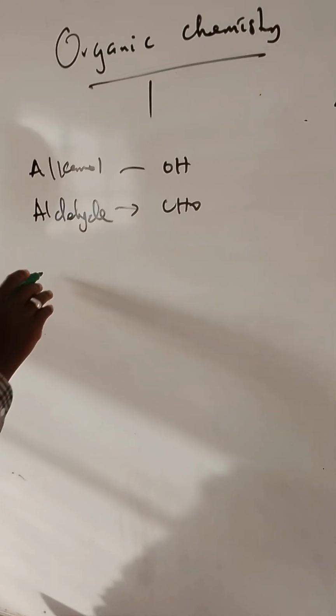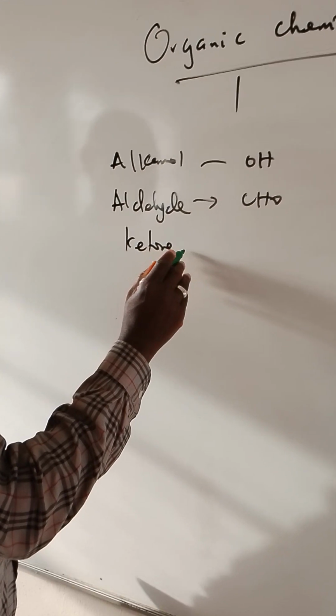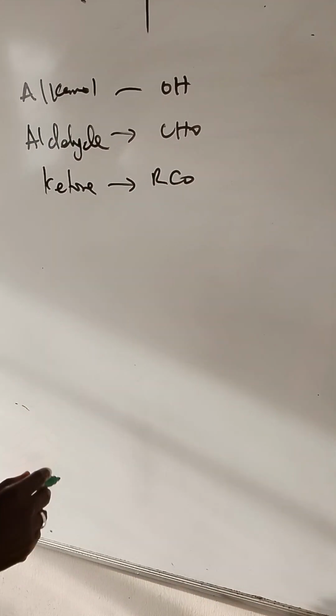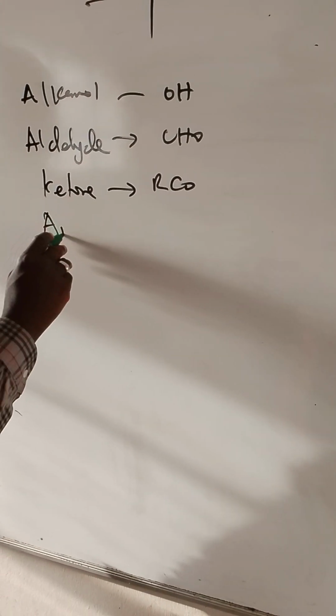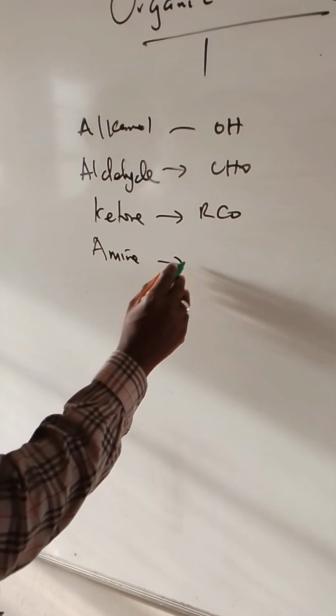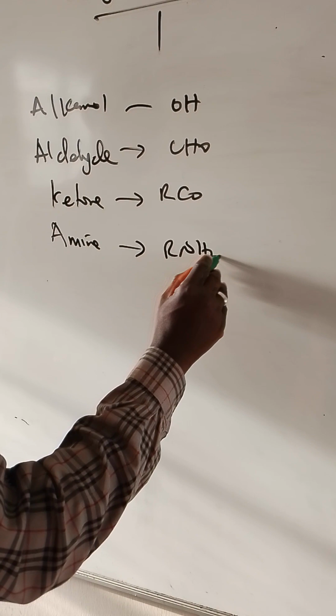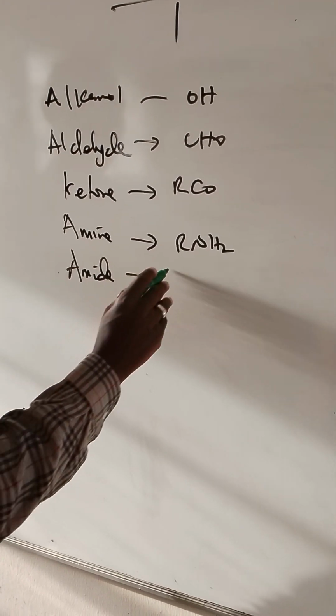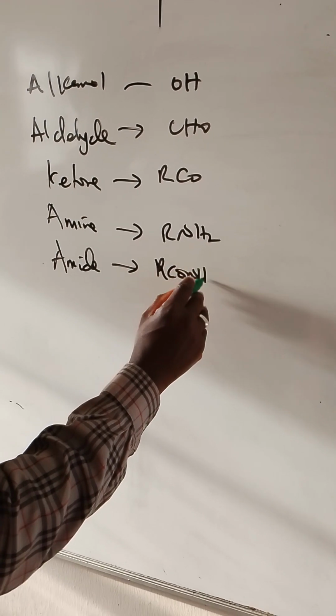We have ketones. The ketone family's functional group is CO, that is RCO. We have amines, and the functional group of amine is RNH2. We have amides, and the functional group of amide is RCONH2.